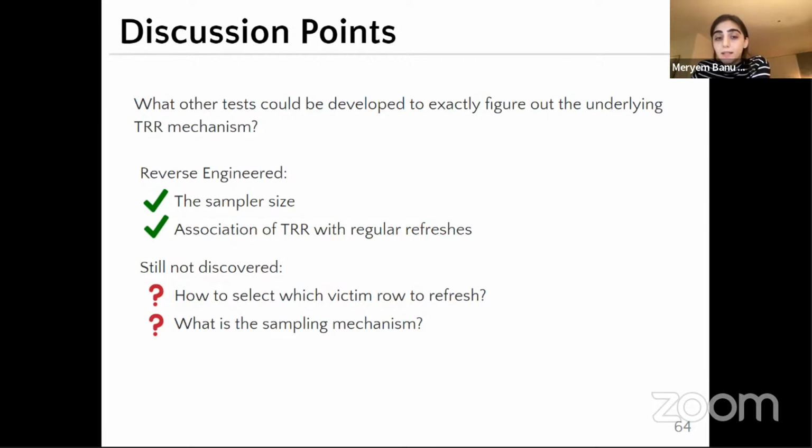But I think the correct thing is to say that it refreshes a limited number of victim rows. And PTRR, the memory controller implementation of TRR, is not fully investigated in the paper. So, but yeah.